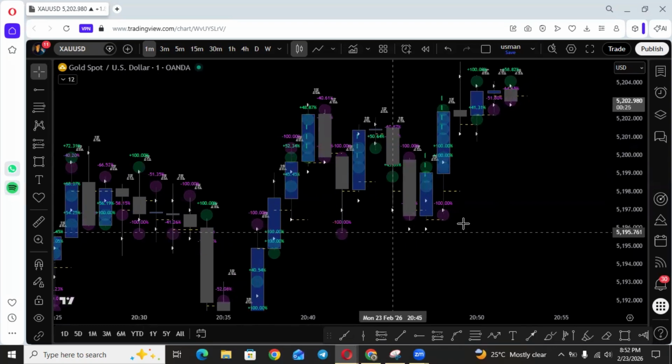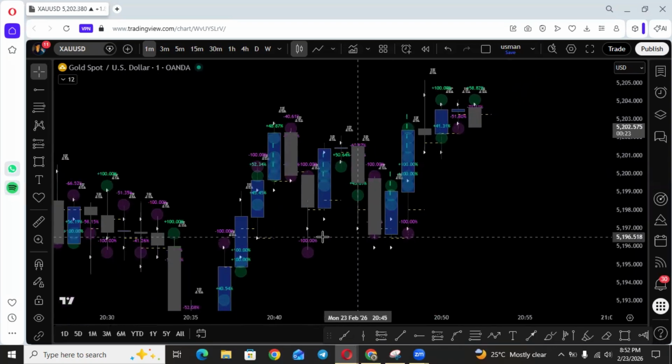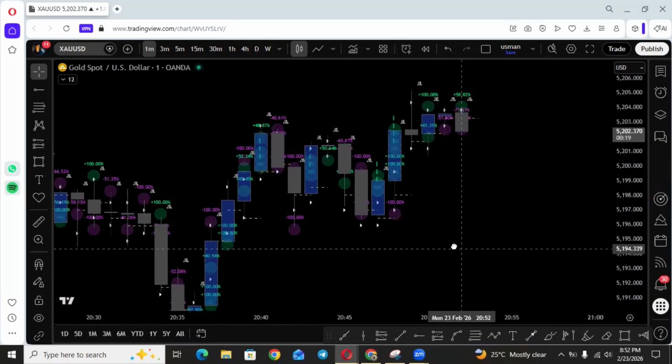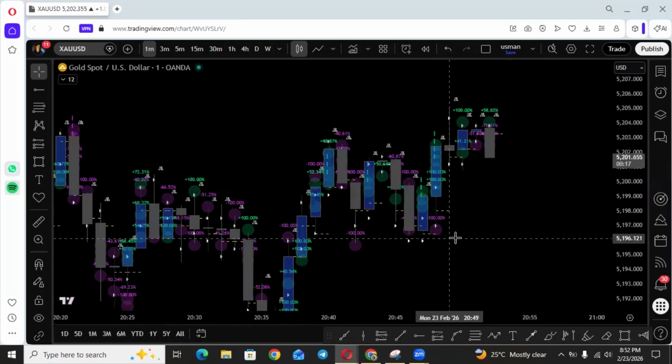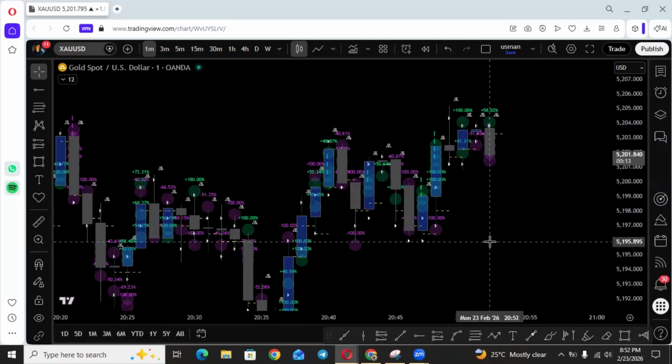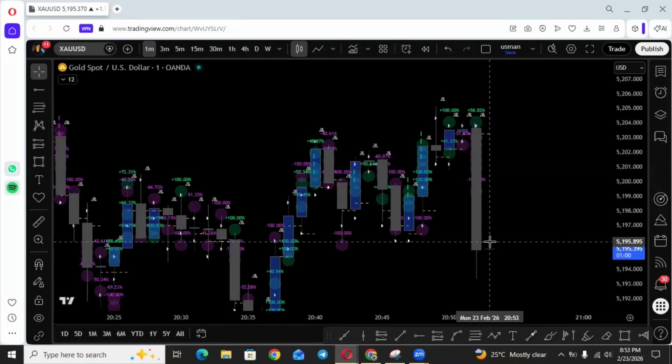So you will not consider all the imbalances. Why am I giving you examples like this? If you trade ICT, you will not consider all the order blocks. Why not? Because not all order blocks are high probability. There is an assumption that you need an order block which has a fair value gap with it.